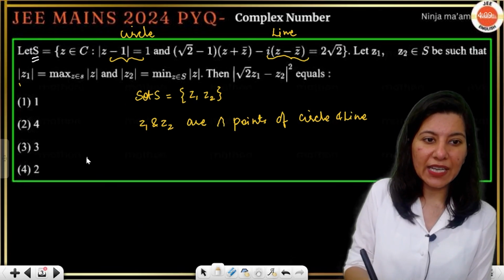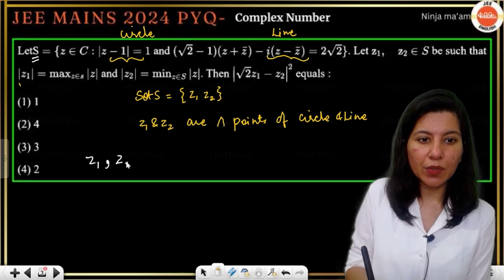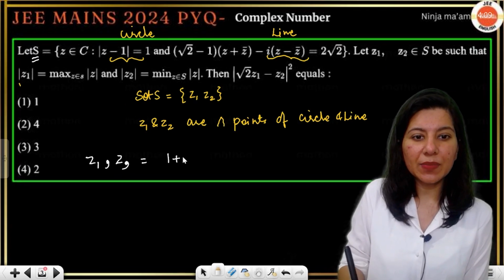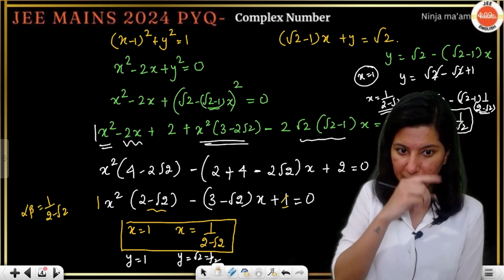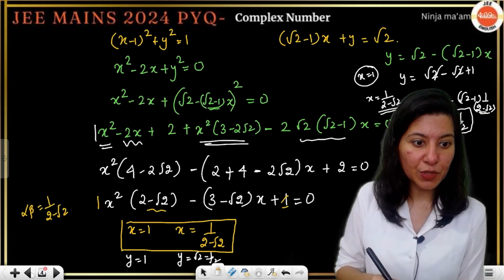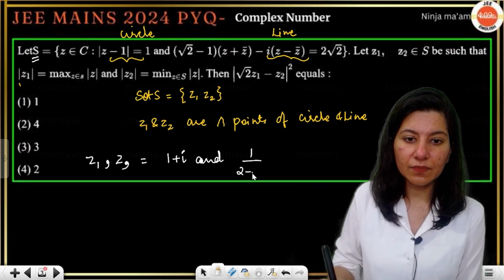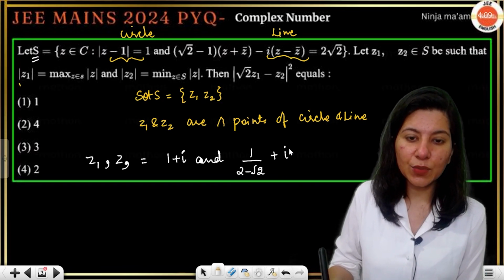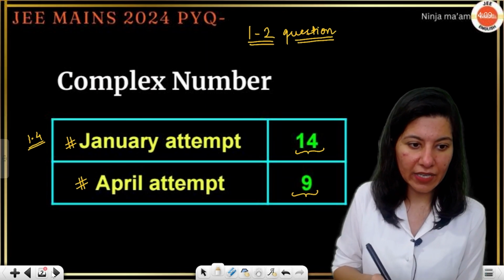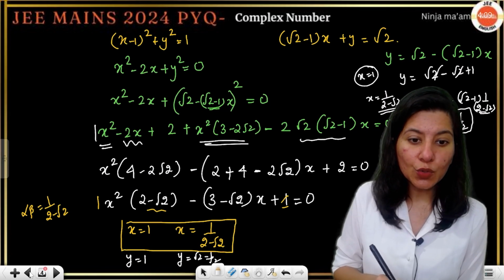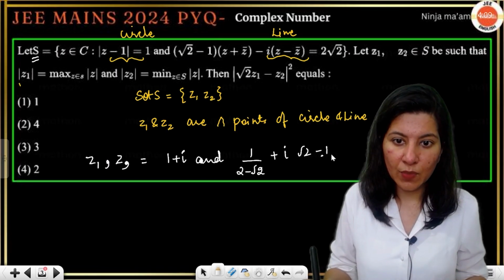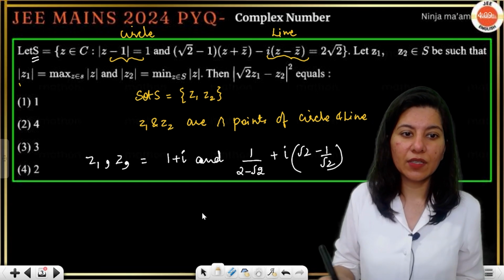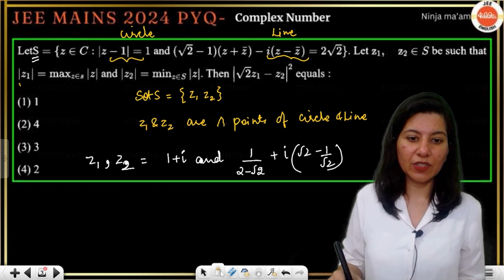So Z1 comma Z2 is coming out as 1 plus iota, and another one is 1 upon 2 minus root 2 plus iota times, what is y? Root 2 minus 1 by root 2. This is your Z1 and Z2, right?